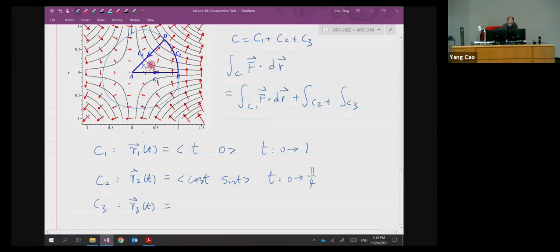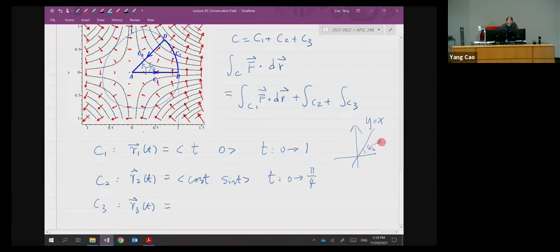But you know this is pi over 4, 45 degree. So whenever you have a 45 degree line, this line is y equal to x, because this is your slope.